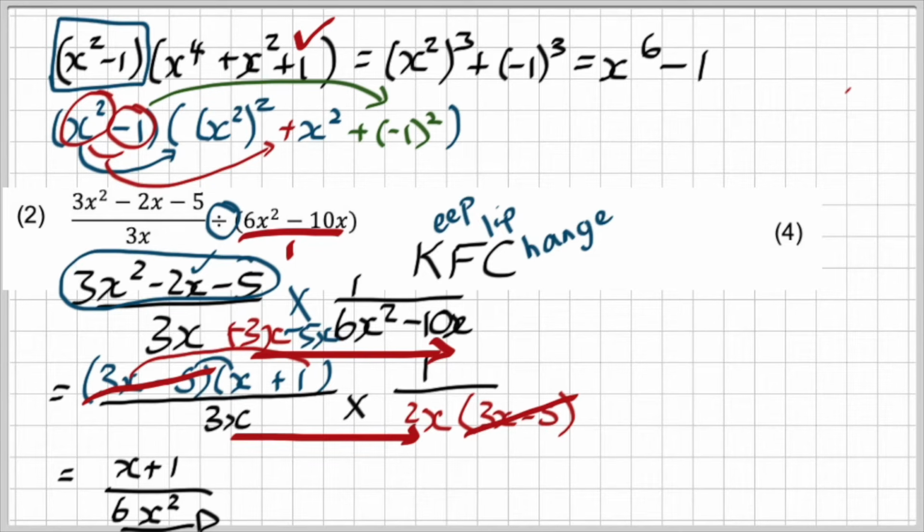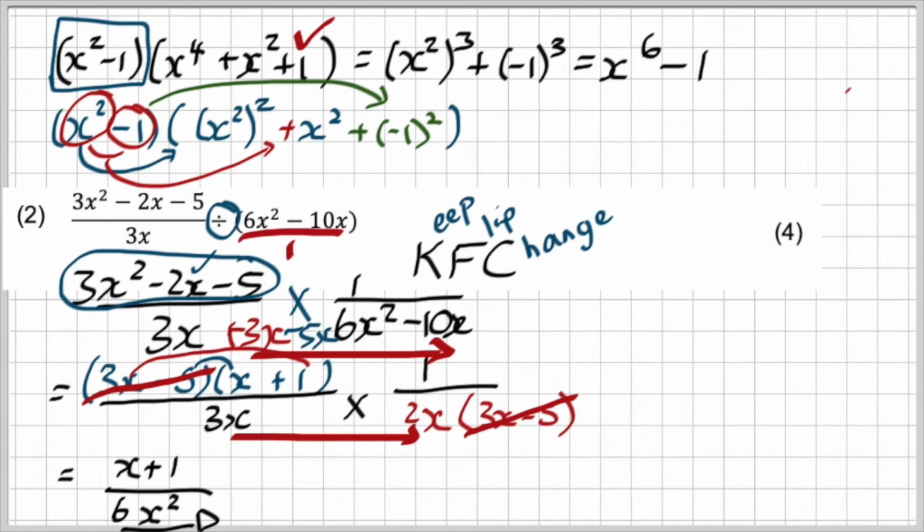So I multiply the numerators and the denominators, leaving me with x plus 1 over 6x squared. And that's my answer. Is it simpler than what we started with? Definitely, ladies and gentlemen, definitely.